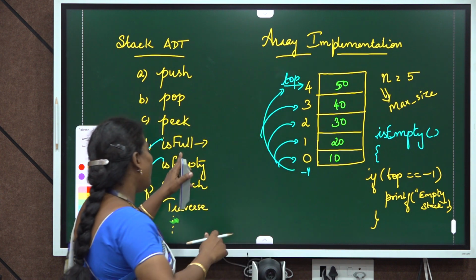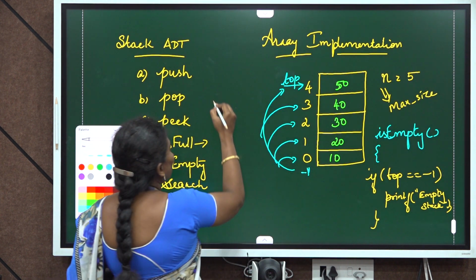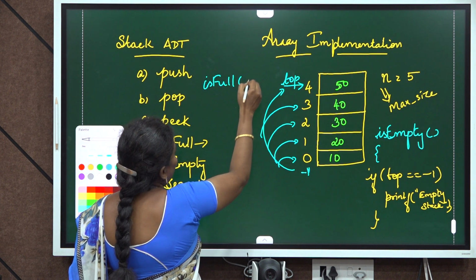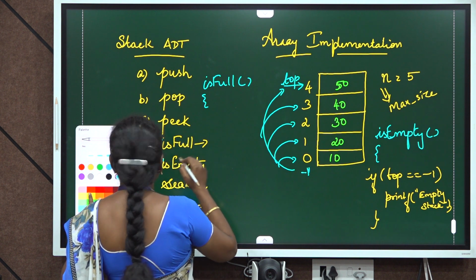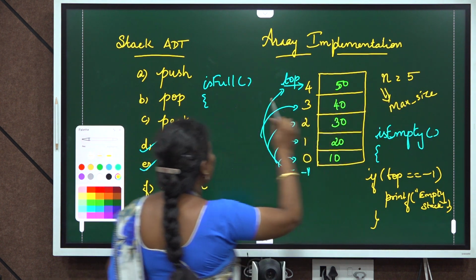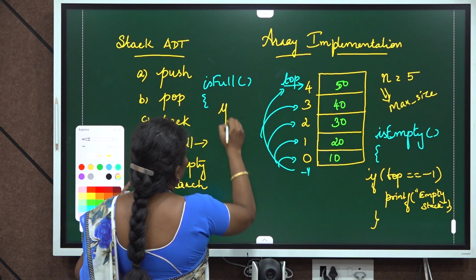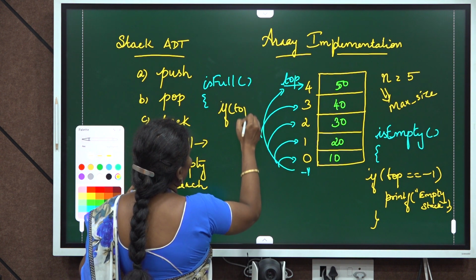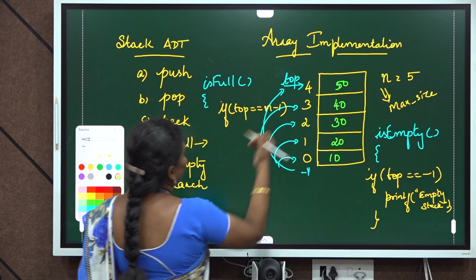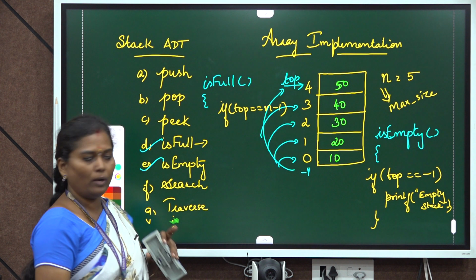So when we are checking isFull, this has to be checked along with n. N tells about the maximum number of elements in the list. So, if the top value is equal to n minus 1.